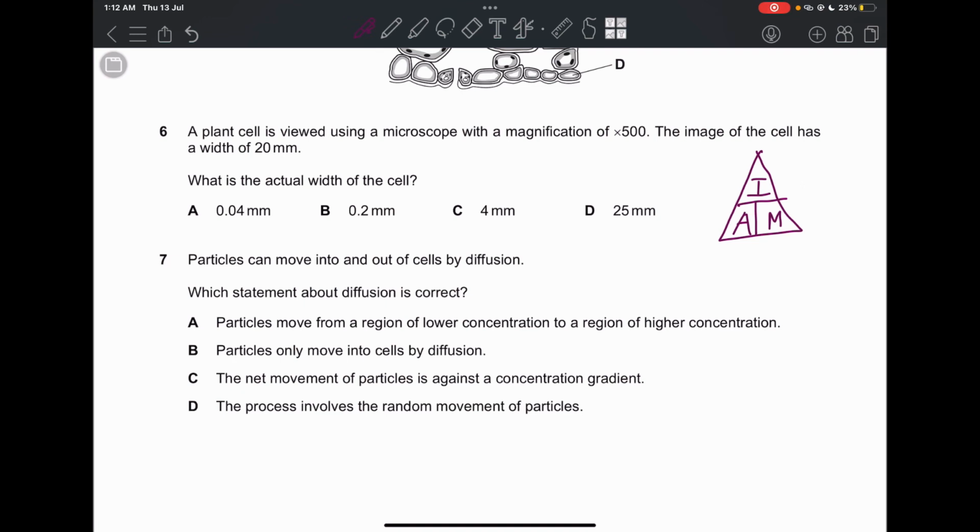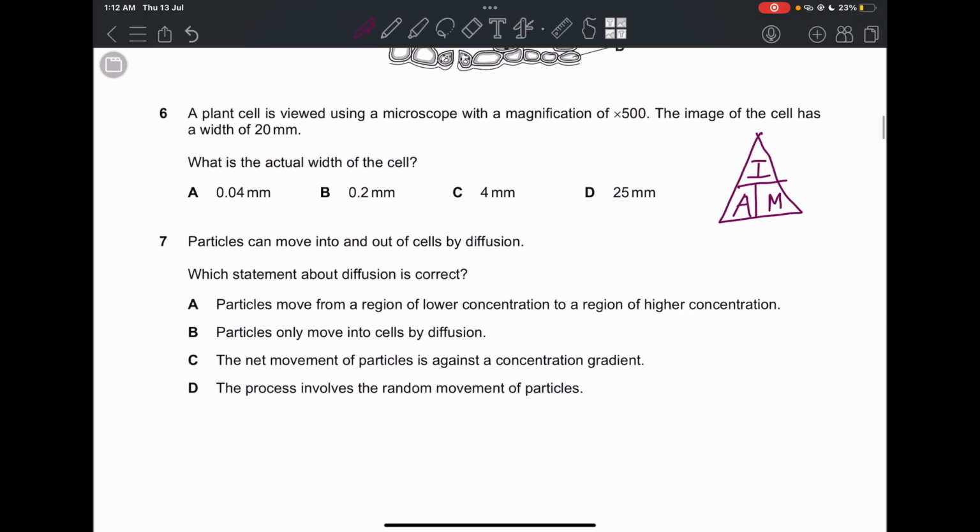So the I stands for image, the A stands for actual size of the image, and the M stands for magnification. So right now they have given us the magnification, which is the M, and they have also given us the image size. So we are required to calculate the actual width or the actual size of the cell.